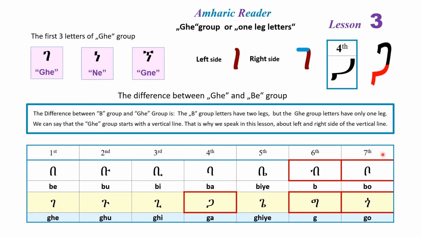But in the 4s, we can see almost all letters on the first row, they have a curved line to left. In the first row, like Ga, Ge, Gu, Gi, Ga, Ge, G, Go.